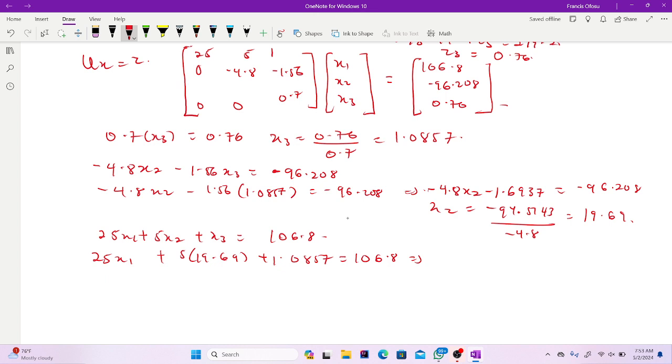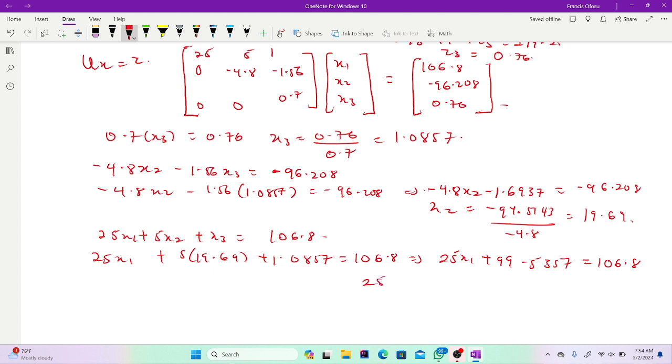So I just multiply this and add this. So 5 times 19.69 plus 1.0857. So I'm going to get 25x1 plus 99.5357, right, is equal to 106.8.